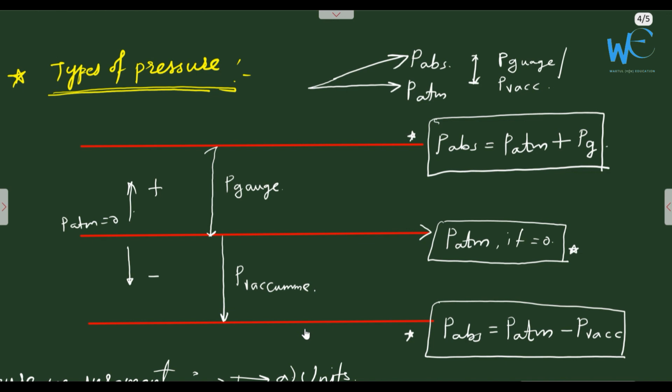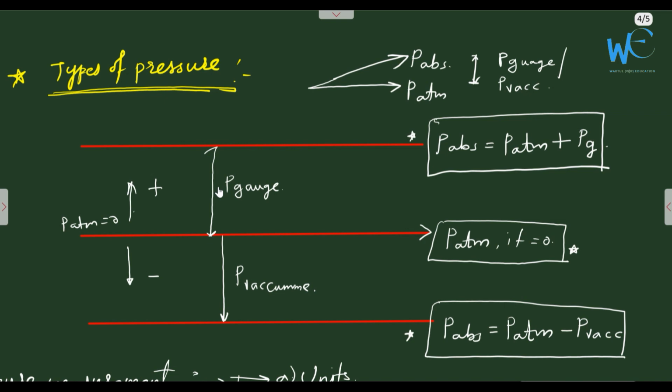So what I drew here: at horizontal, I put P atmosphere, and at some angle, I put P absolute, and between them there is one pressure gauge or pressure vacuum. So you have to just imagine these three lines only.